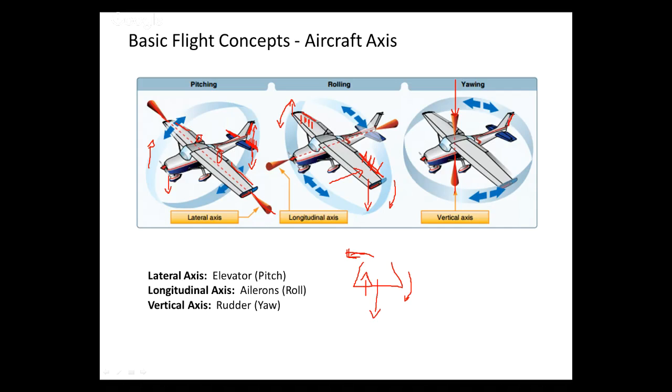Yawing is controlled with the rudder. Very similar, I don't know if you are a fan of boating, to how a boat rudder works. It yaws the aircraft about its vertical axis.